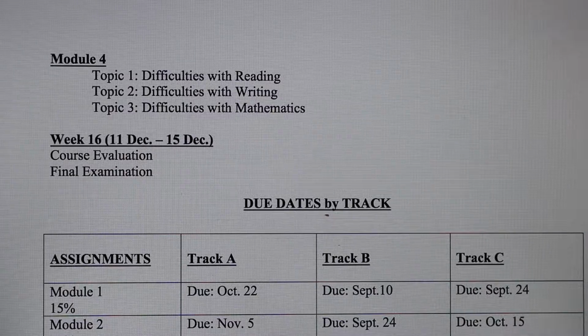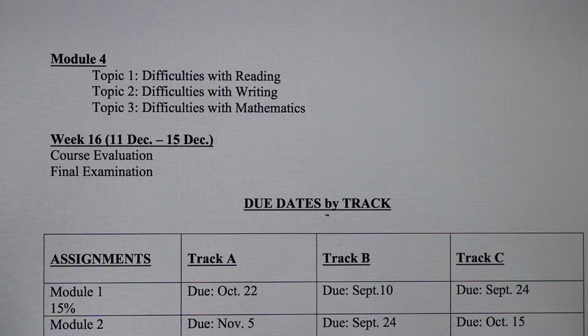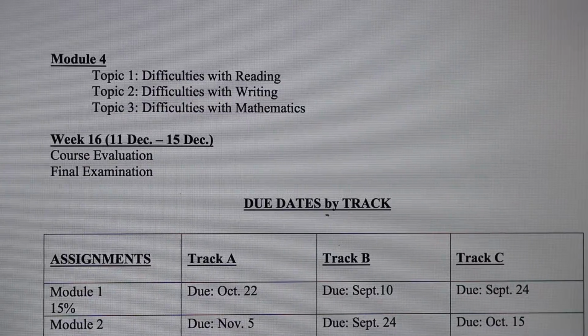Okay? So again, I just want to reiterate just a few things with reference to how the course is set up. Week 1, everybody is going to be engaged. When it comes to the different modules and how you're going to complete the modules, your tracks will determine when your major assignment for each of the different modules are due. So you would then complete the modules based on the track that you have chosen.